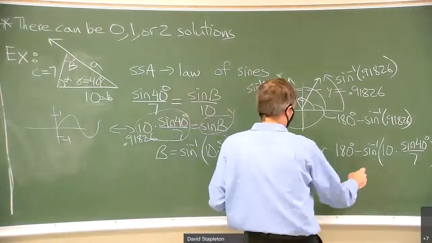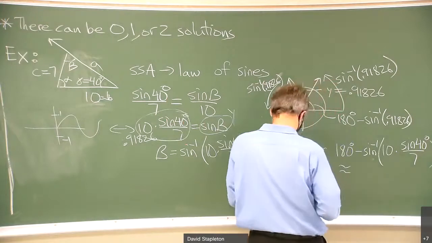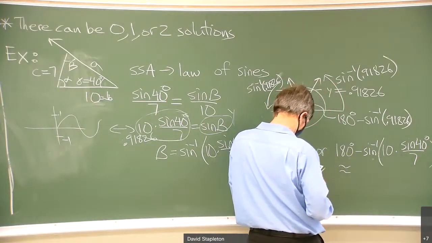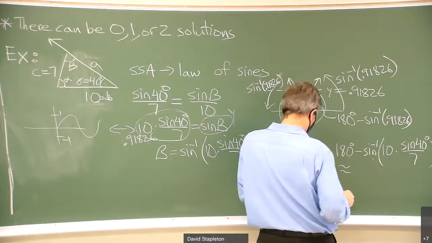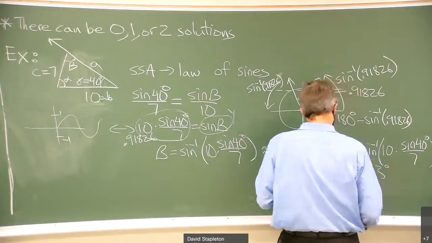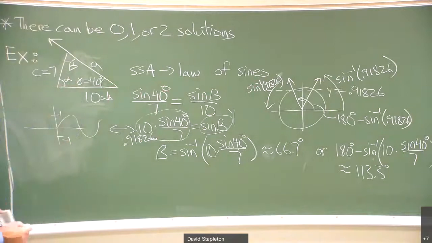You don't need to do the arc sine again. This one, you just subtract from 180. And you got 113.3 degrees. So those are the two cases, 66.7 degrees and 113.3 degrees.